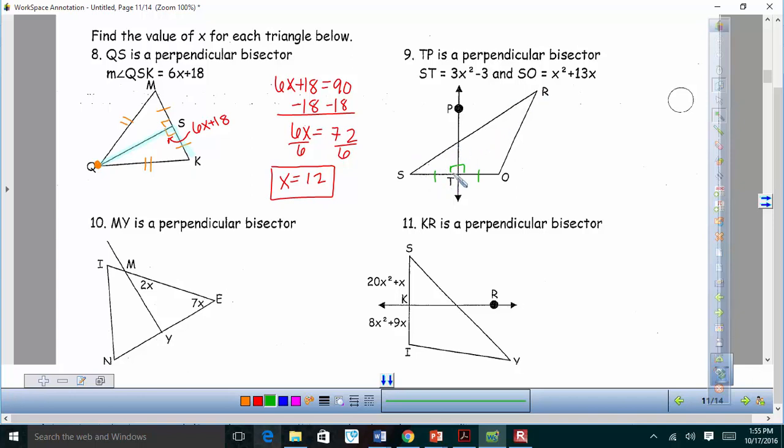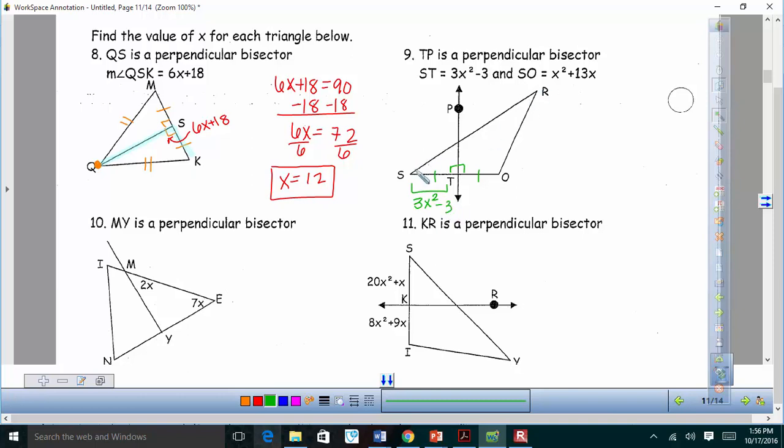We can only say that where the perpendicular bisector intersects is congruent. Okay? So that's the difference in those two, is that this point would actually have to be somewhere on this side. Okay? So it tells me that ST, which is this length right here, is 3x squared minus 3.